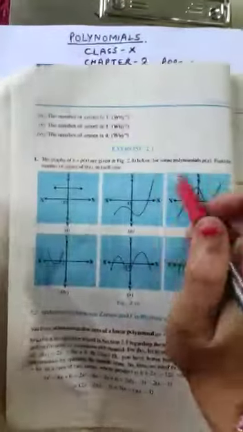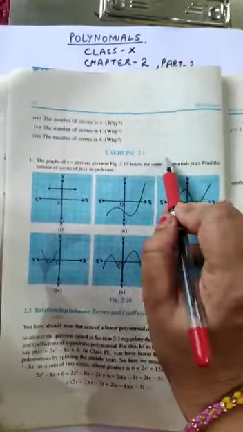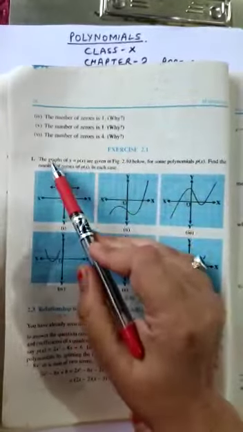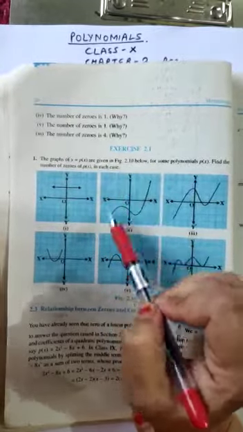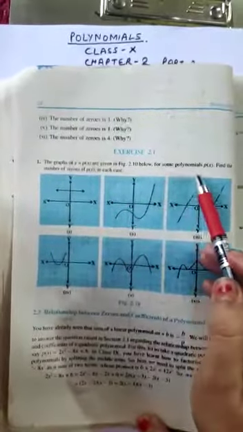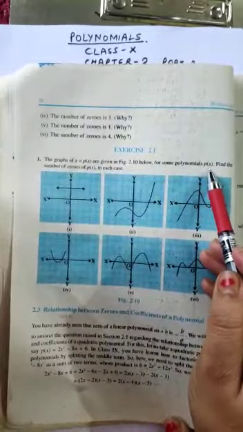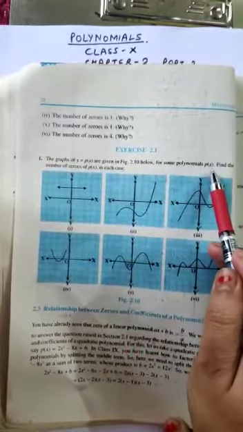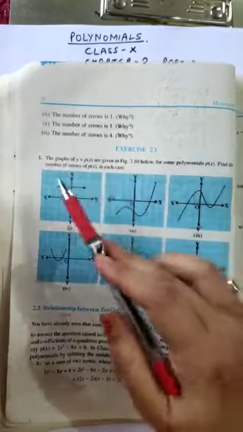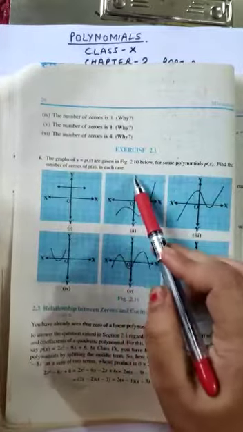Similarly, students, in our exercise 2.1, the first question is: the graphs of y equals p of x are given in figure 2.10 below for some polynomial p of x. These are also graphs of some polynomial p of x, meaning polynomials in x. Find the number of zeros of p of x in each case.